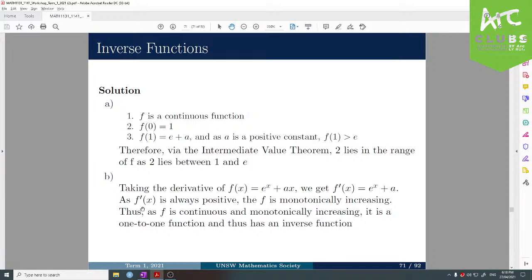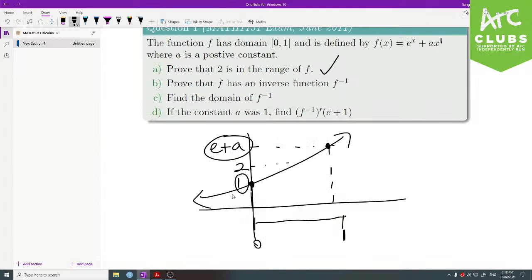Since f'(x) is always going to be positive, we can claim that f is going to be monotonically increasing. So if the function is monotonically increasing, as similar to how we drew it here, it means that for every single y value, it corresponds to exactly one x value. So every y value here will correspond to exactly one unique x value.